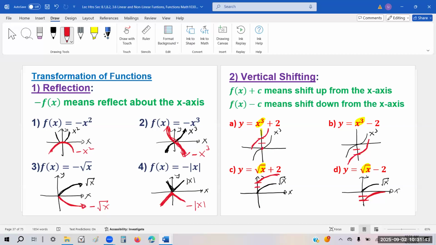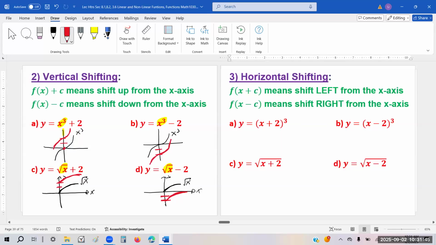So vertical, and now the horizontal. Horizontal is the bad one. Bad. It's bad because it doesn't follow the direction. So you have your cube outside the 2. That means the 2 is inside your cubic function.